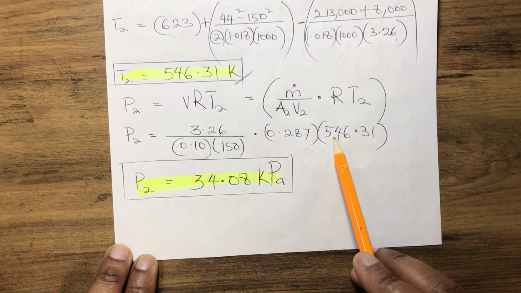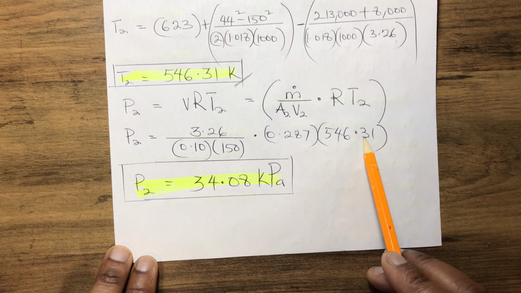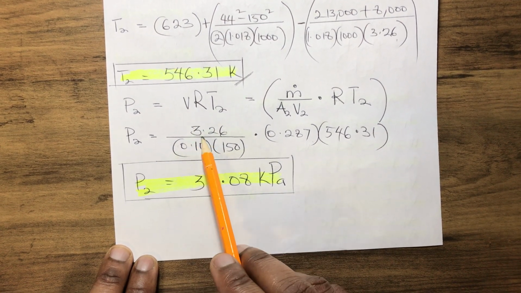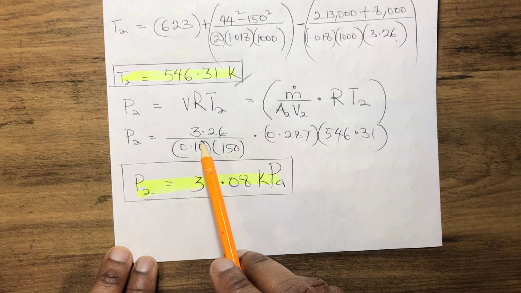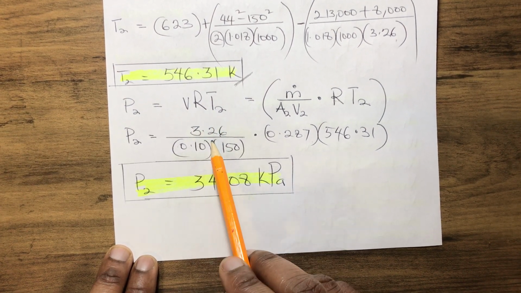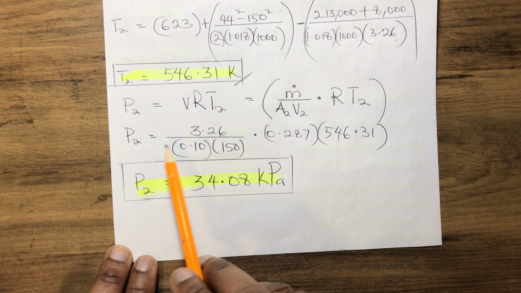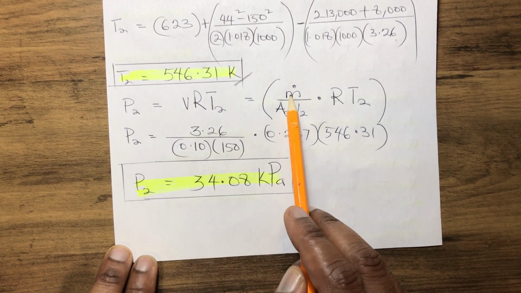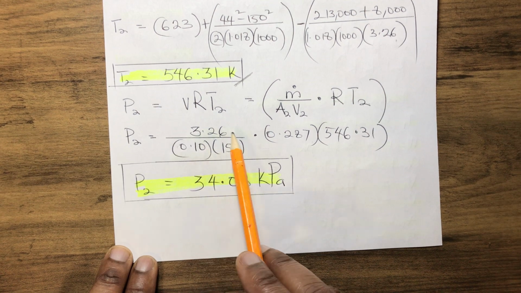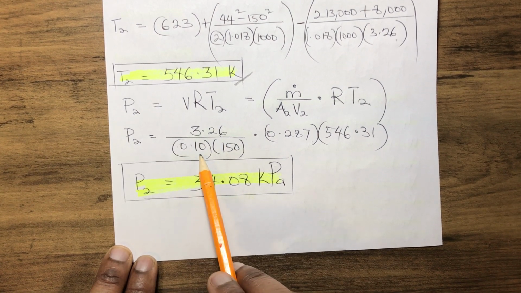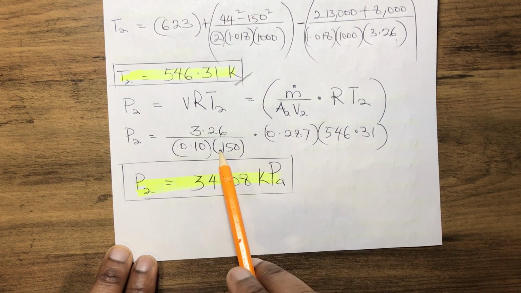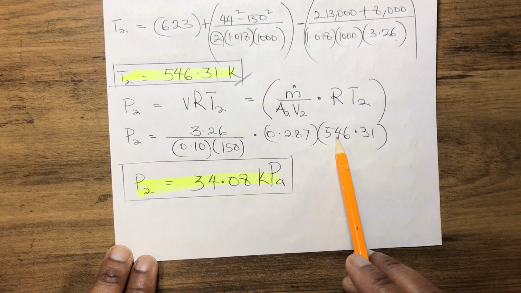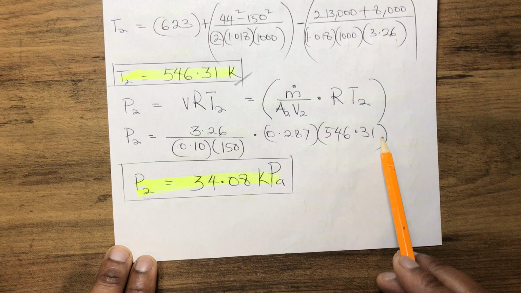Our calculated temperature is 546.31. Now we have our P2 equals our mass flow rate, which is 3.26 over 0.10 multiplied by our V2, which is 150, times 0.287 times 546.31.